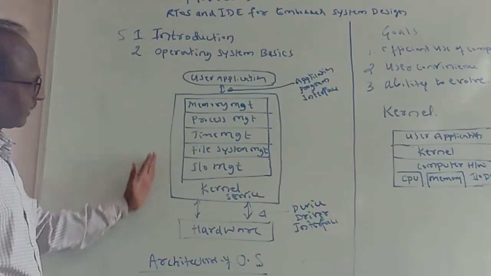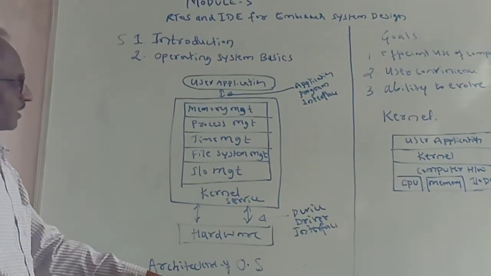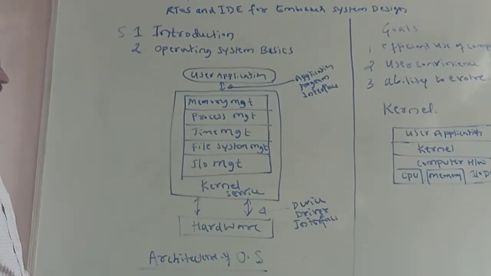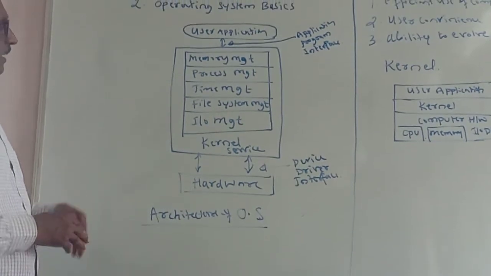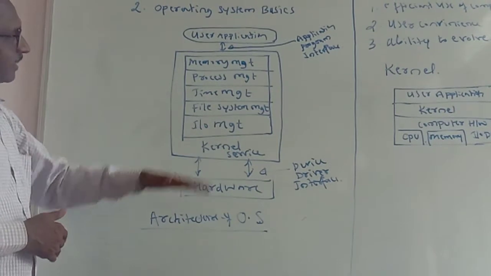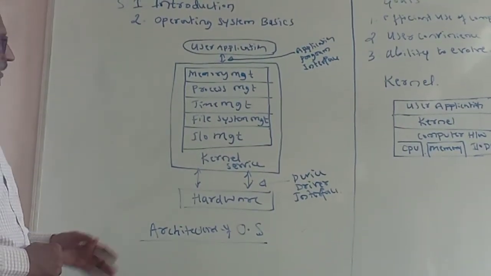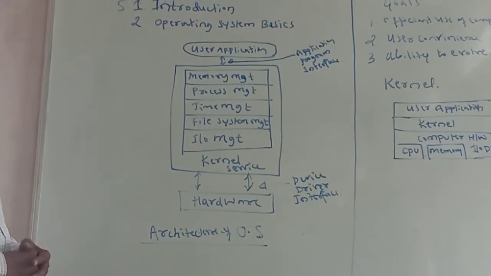This entire structure is known as the architecture of the operating system. We will proceed one by one in detail, but these are the introductory parts, the basic architecture of the operating system.